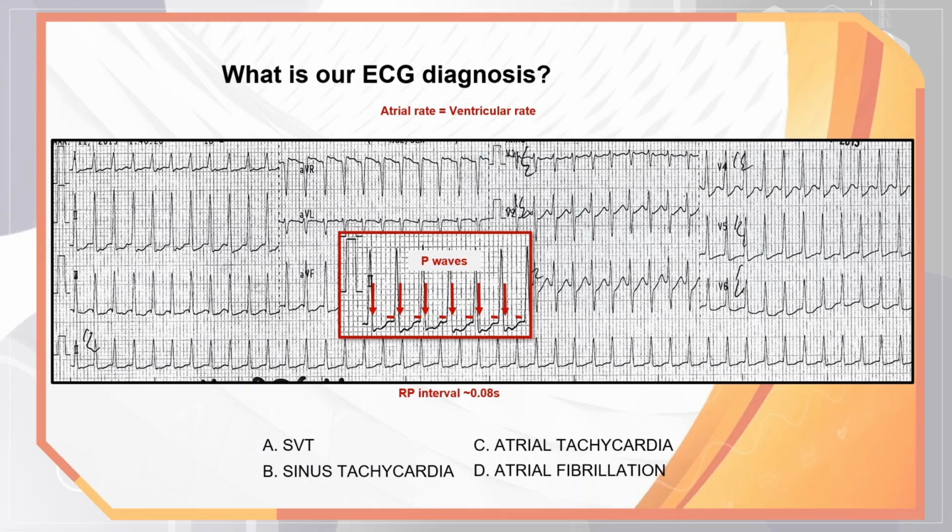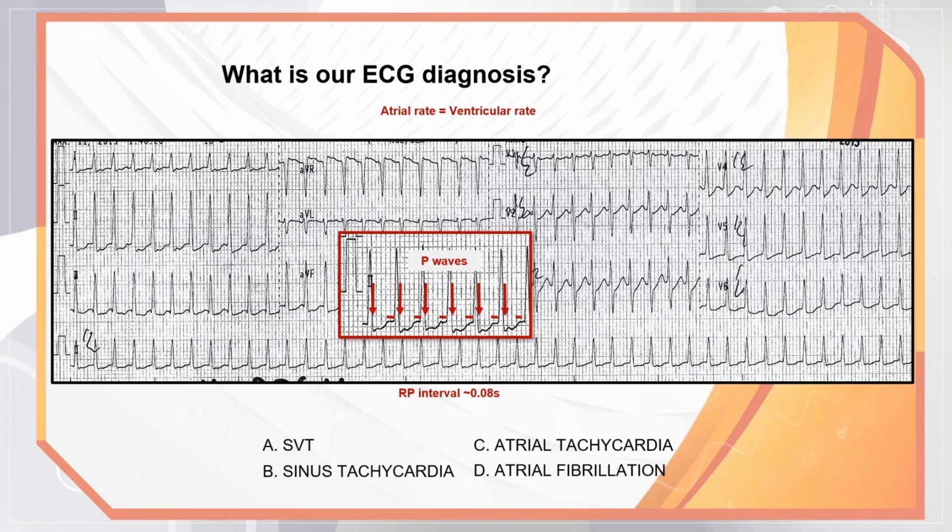It is not sinus tachycardia, because you have seen a lot of sinus rhythm and sinus tachycardia ECGs, and it looks very far from this. So now we are left with SVT and atrial tachycardia. The clue here is if the P waves are hard to discern, or if they occur soon after the QRS, then you can probably bet it's an SVT rather than an atrial tachycardia.